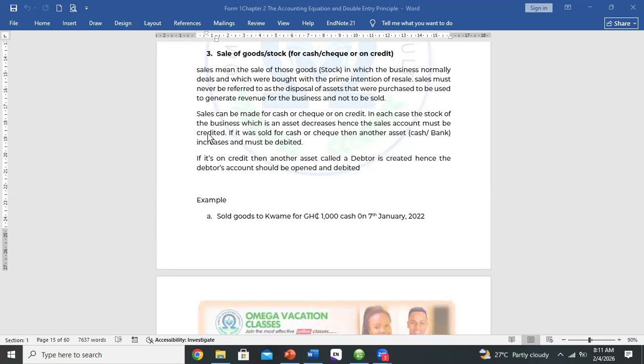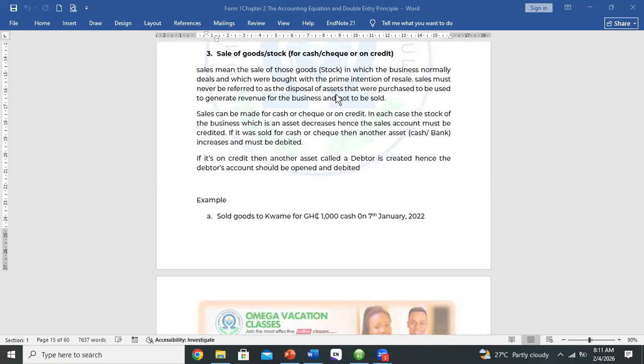Okay. So it says sales here means the sale of goods or stock in which the business normally deals and which were bought with the prime intention for resale. Sales must never be referred to as disposal of assets. So when you sell things that you are not normally dealing in, then we look at it: is it an asset you are selling?